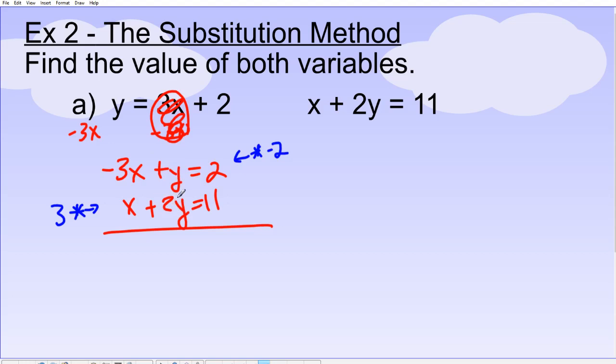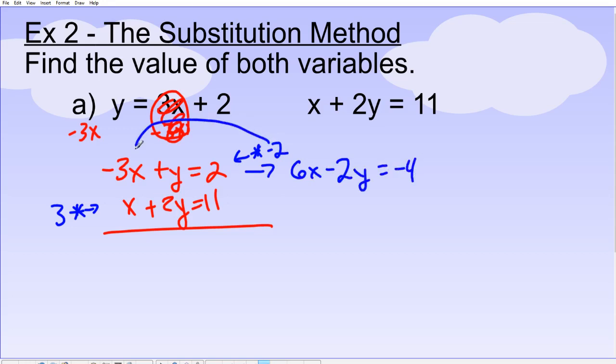It doesn't matter which one you do, you're going to get the same answer. So pick one. I'm going to pick the top one here. I'm going to multiply by negative 2, so my y's cancel out. So that's going to look like positive 6x minus 2y equals negative 4.